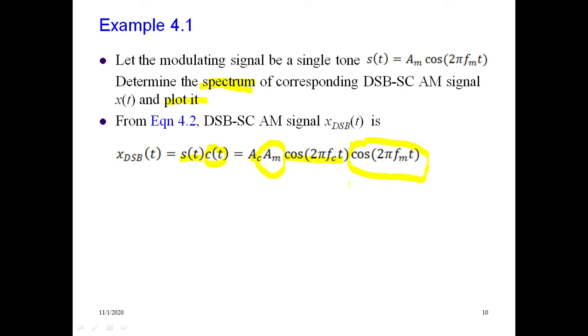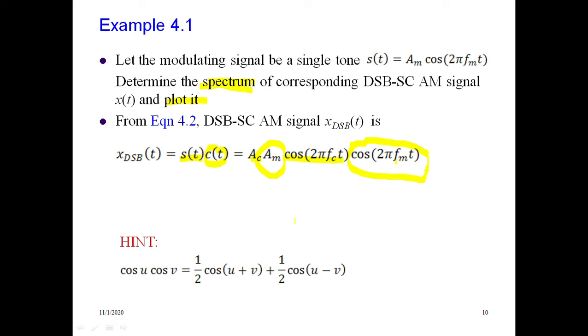When you multiply these two, you have to multiply cos and cos, so you need to use this formula. When cos u is multiplied by cos v, it gives 1 over 2 cos(u plus v) plus 1 over 2 cos(u minus v). This is the conversion you need to do. Right now it is cos and cos, but you can also have sine and cos.